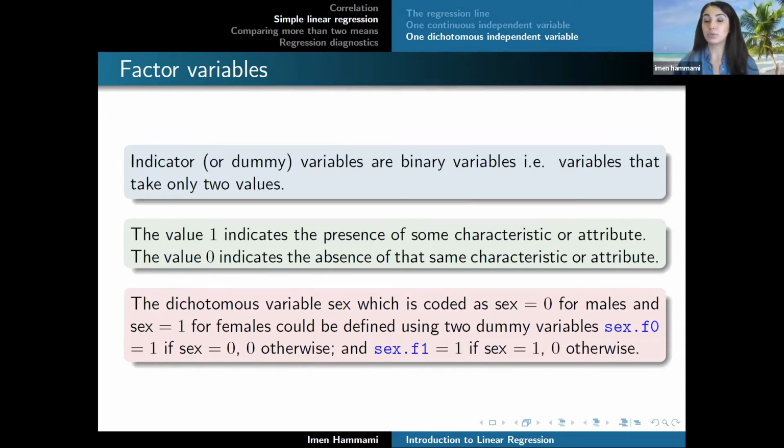So in all the software, there is always a way to declare your variables as factor variables, indicator variables. In Stata, you add an i. In SAS, you put it in a class. Whatever the software you're using, you need to say that these are factor variables. So these are levels, and you're going to compare the mean SBP in those levels. You're not going to treat them as continuous. Okay, that's why I'm putting this here.